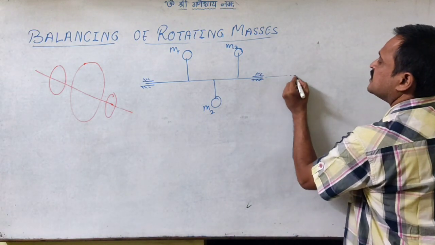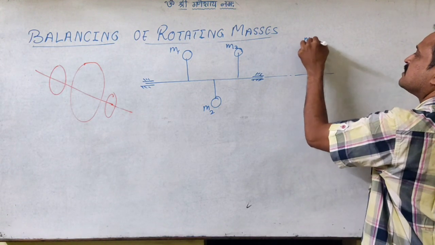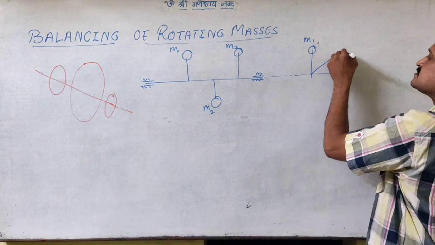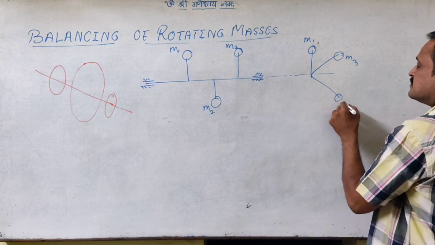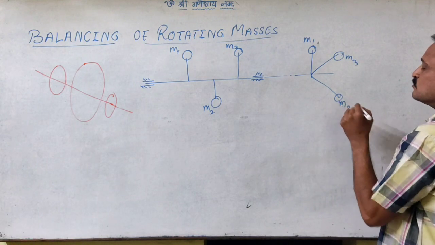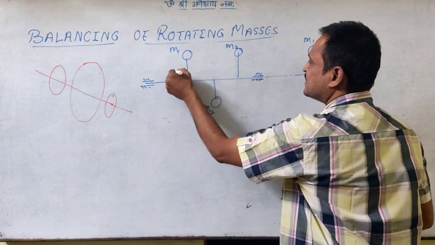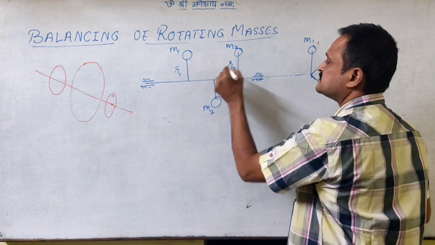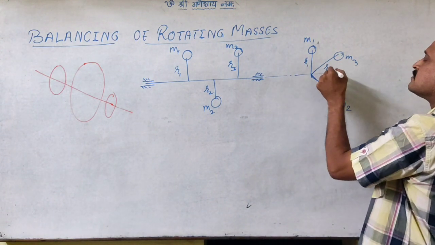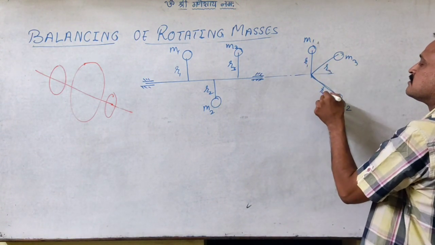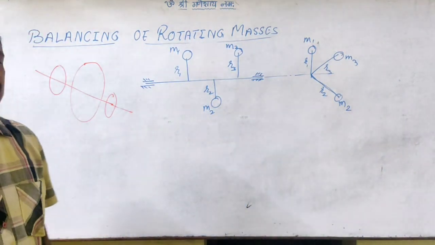In the end view, maybe this is M1, this is somewhere M3, and this is M2, at different radii R1, R3 and R2.